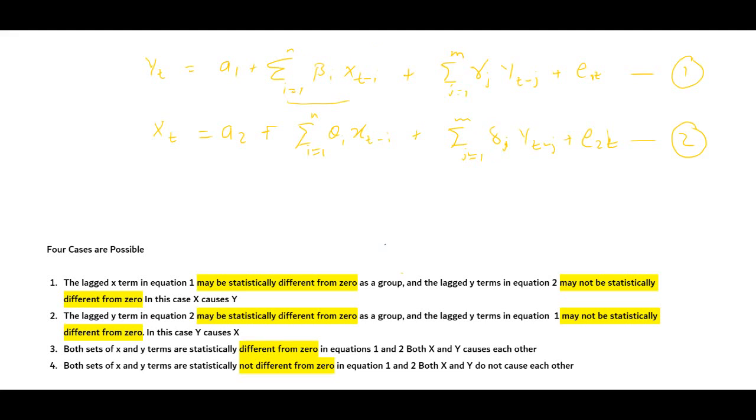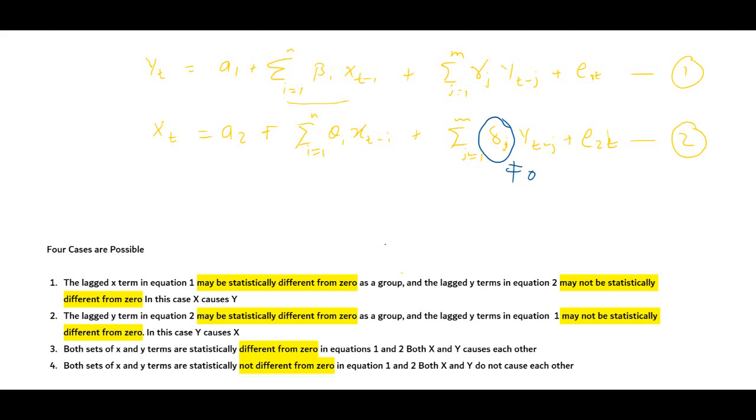where the lagged y term in equation 2 may be statistically different from 0. Here this is statistically different from 0, it is not equal to 0, but as a group the lagged y terms in the equation may not be statistically different from 0.